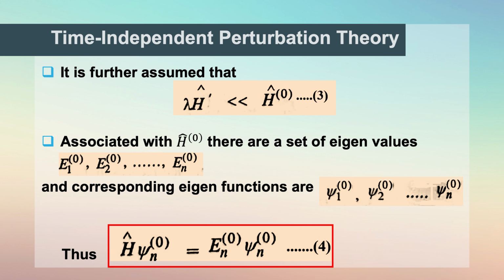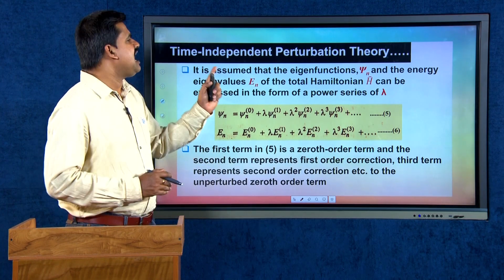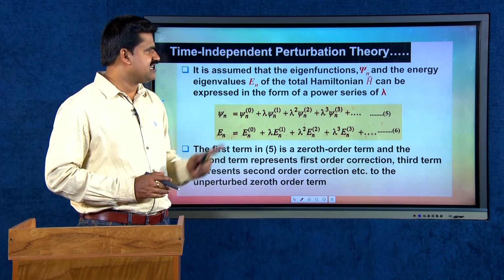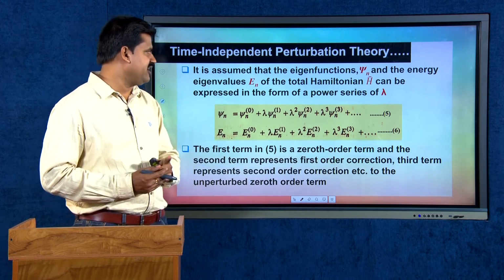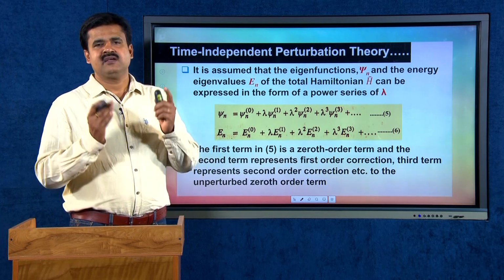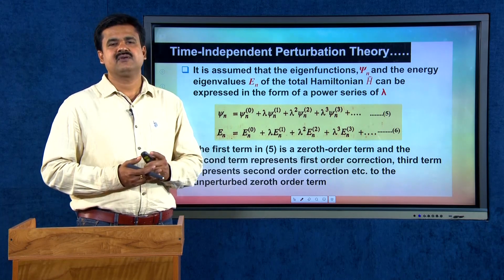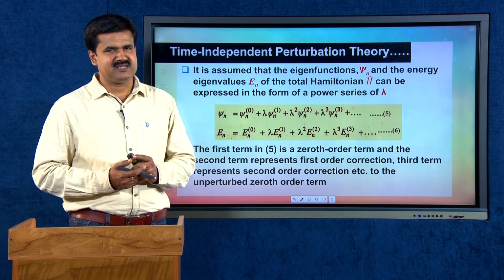Thus, in general, we can represent it like this: h hat 0 psi n0 is equal to En0 psi n0. Now, it is further assumed that the eigenfunctions psi n and the energy eigenvalues En of the total Hamiltonian H hat can be expressed as a power series of lambda, the perturbation parameter.